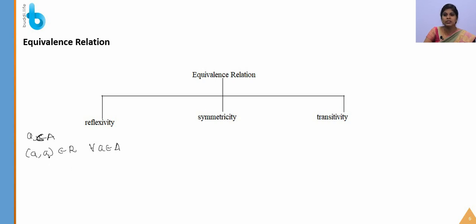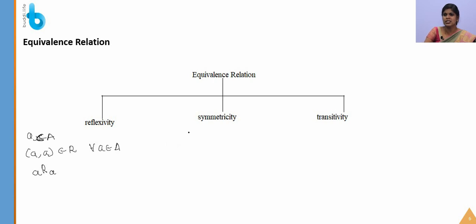Both the elements in the a place and b place should be the same. You can also write a is related to a. If both the elements are the same, then we can say it satisfies the condition for reflexivity, or the relation is reflexive.